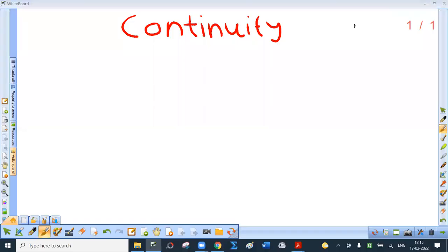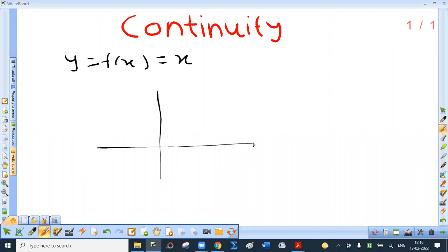So today's topic is continuity. Suppose the function f is defined as y equal to f of x and is given as y equal to f of x equal to x. We know that the graph of y equal to x is a straight line, right?